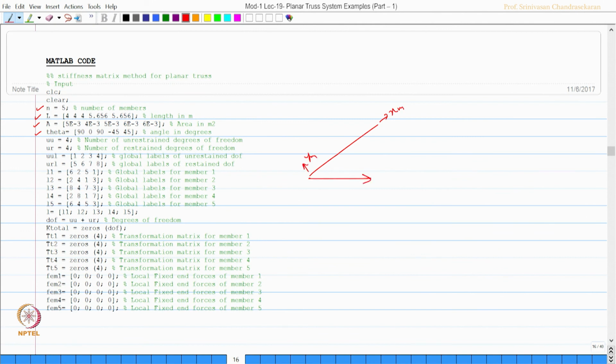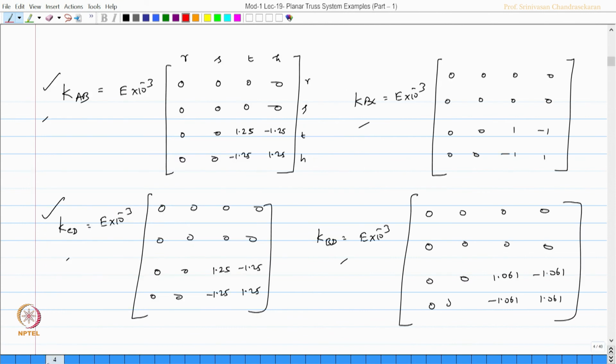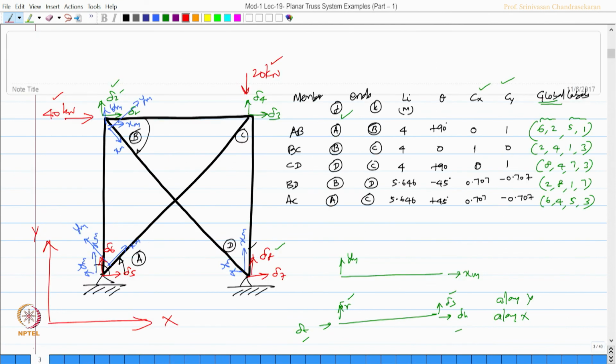If this is my reference axis, theta is always measured anti-clockwise positive. Enter the values of theta, then labels of every member are entered, which we already have with us. For example, member 1 has 6251, see here, member 1 has 6251. Okay.